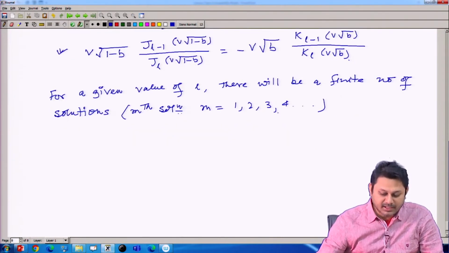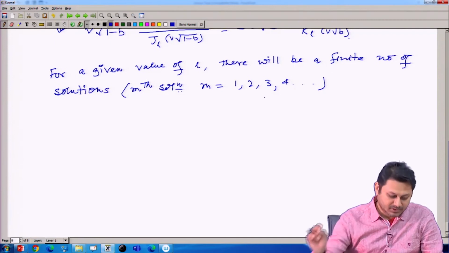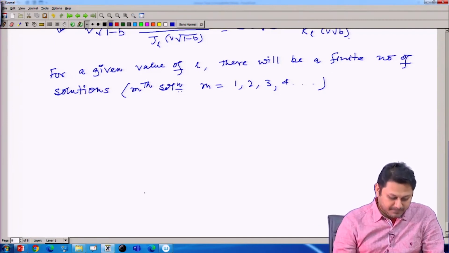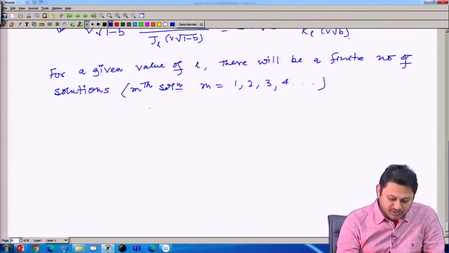So, these individual points for a given L is a single solution and we call it the mth solution. If m is 1, 2, 3, 4, I define the solutions as 1, 2, 3, 4 and so on.